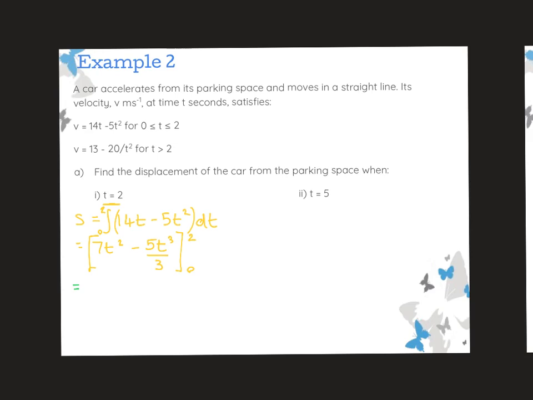So we'll substitute 2 in, and then subtract when you substitute 0 in, but obviously that's going to be 0 in this case. And then once you substitute that in, you will get 14.7 metres.